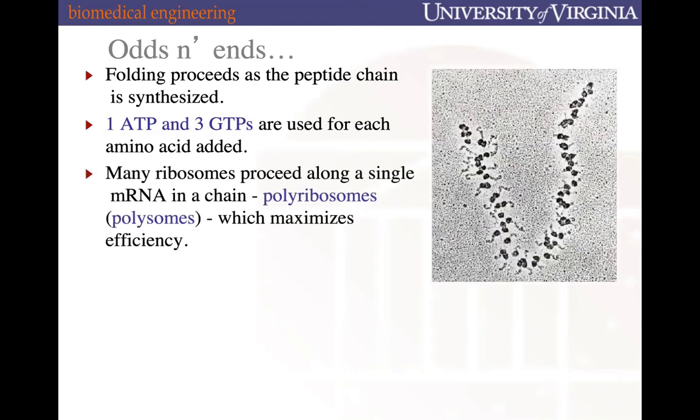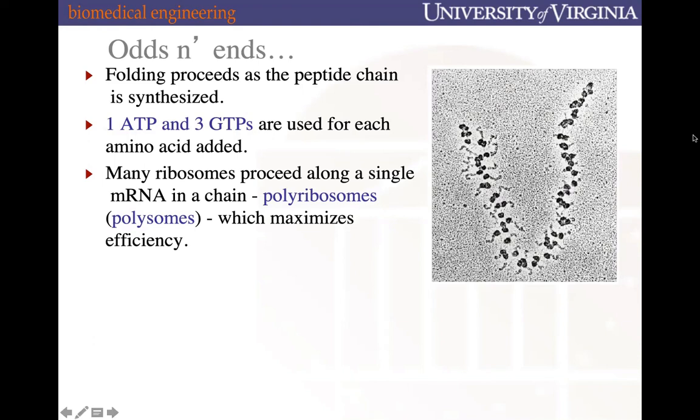What's also important to note is that this is not drawn to scale. This is not how much bigger transfer RNA is to mRNA, but typically there are many ribosomes that can be present along a single mRNA transcript.